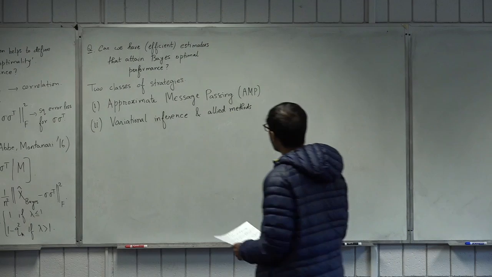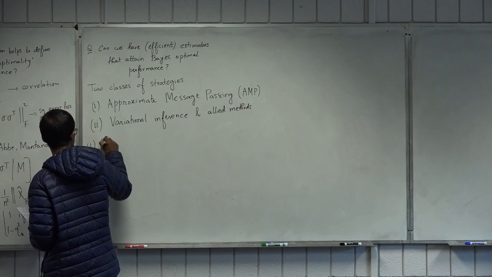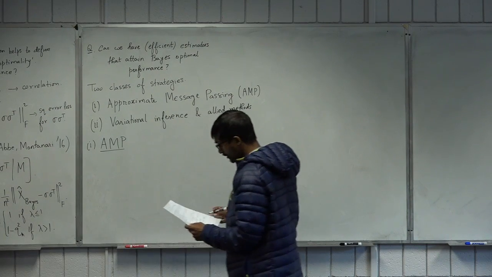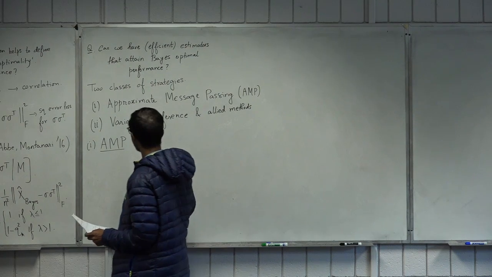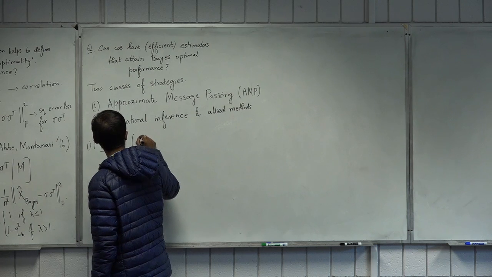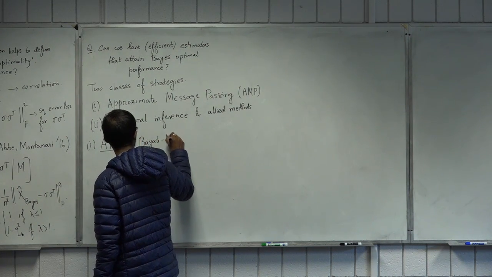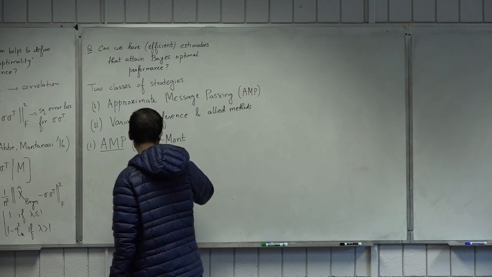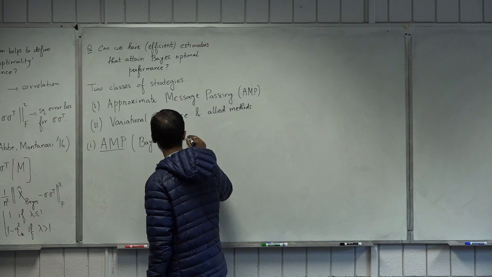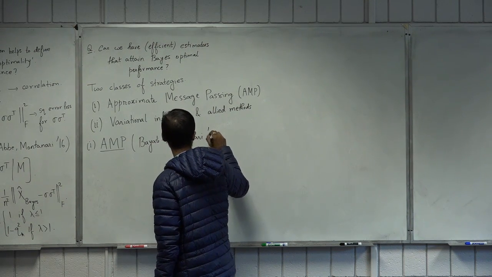Okay, so let me talk about approximate message passing. So this class of methods originally came up, they were formally proven just by Bayati and Montanari, but they had come up even earlier in the work of Donoho, Maleki, and Montanari in the context of compressed sensing back around 2011.